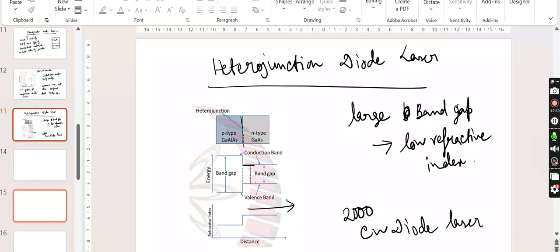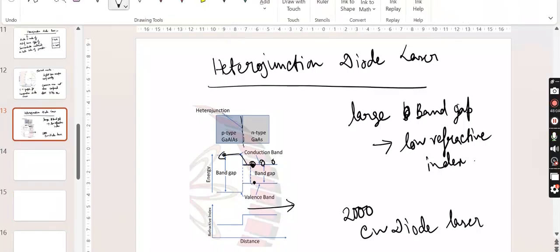So the electrons that go from this to this don't have the energy to go up to this. So the electrons will not cross over to this side. Basically, they are trapped here.